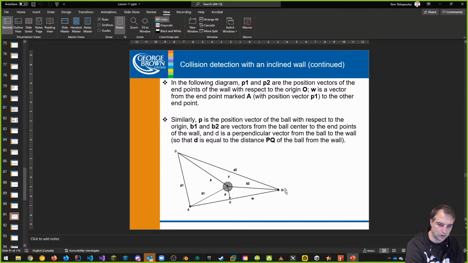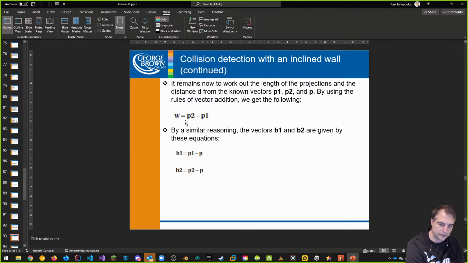So the length of the wall is the magnitude of the origin to B and the magnitude of the origin to A, the endpoints of the line segment, right? That's what that is. We know that the wall itself, the vector, if you will, we're getting a magnitude. P2 minus P1, that's what W is, right?